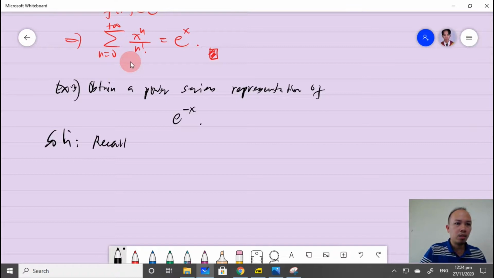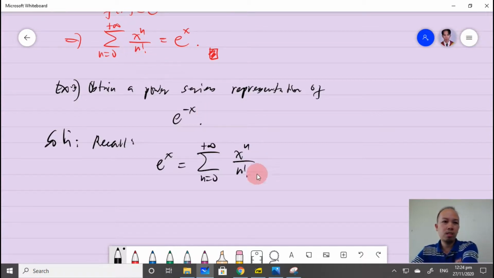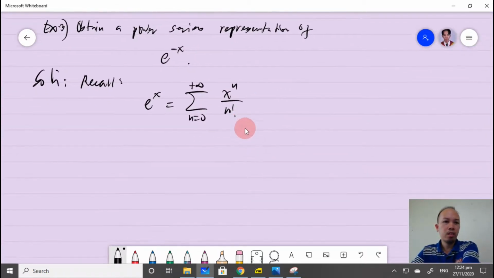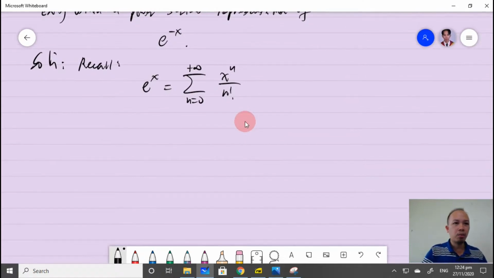So let's recall e to the x is the summation of x to the n over n factorial, n starts from 0 to positive infinity. Let's denote this as a star.